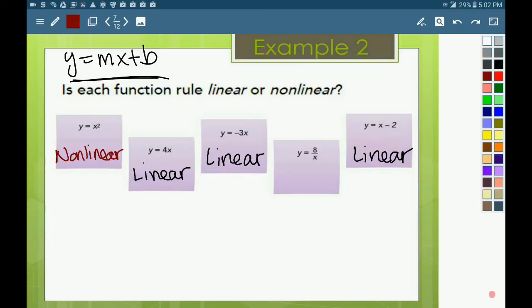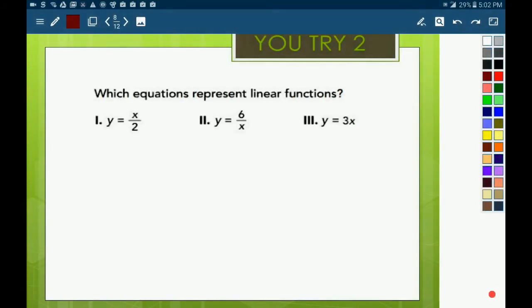And this last one over here has a variable on the bottom, so that's nonlinear as well. Okay, anytime you're looking for linearity, y equals mx plus b form. That's what we want. So why don't you go ahead and try to tell me now which of these you think are linear functions.